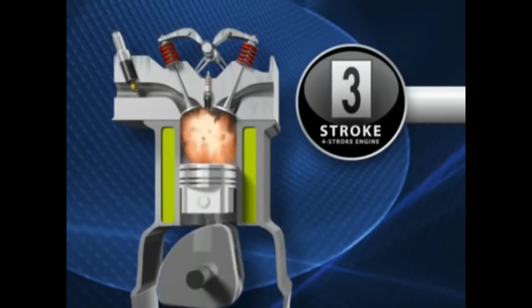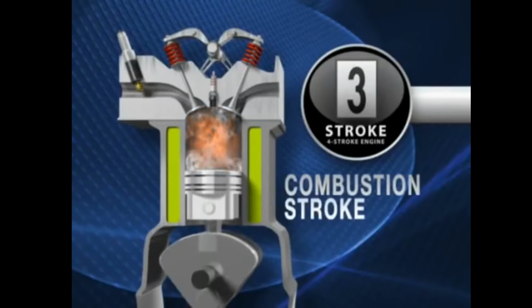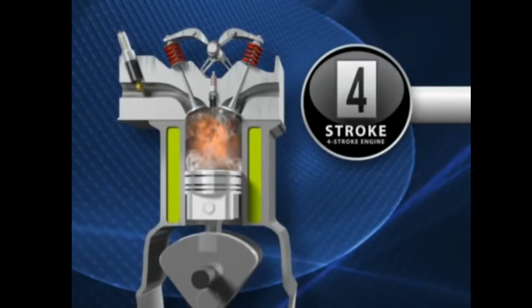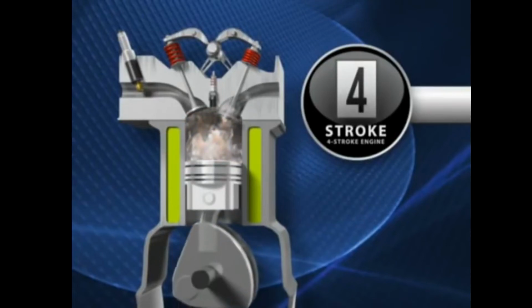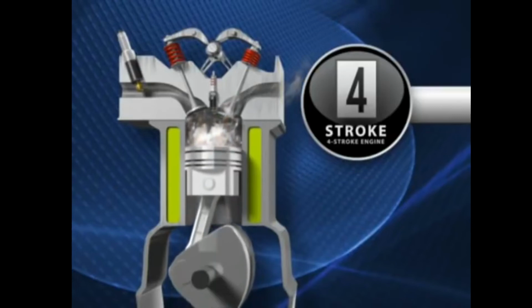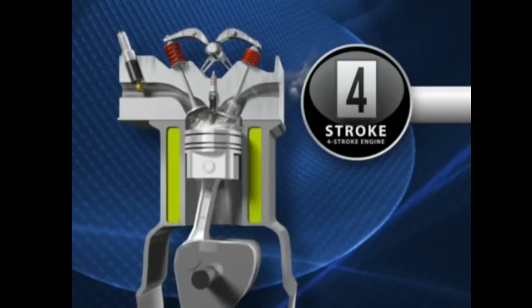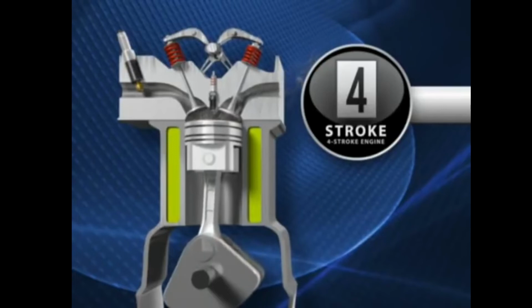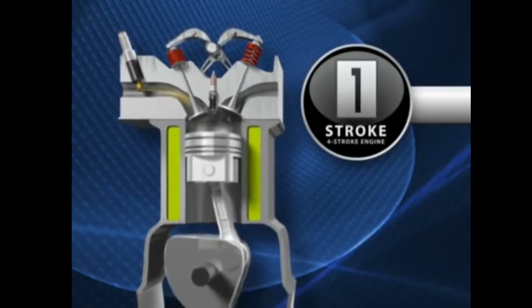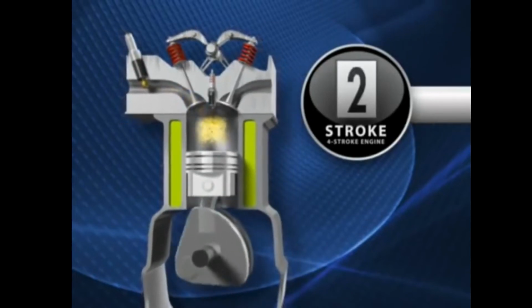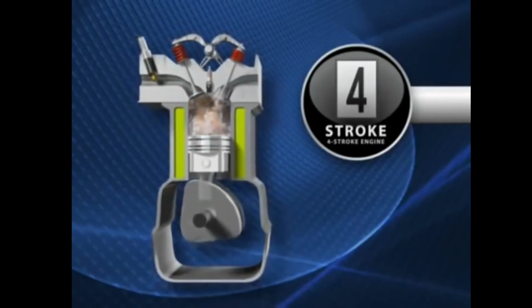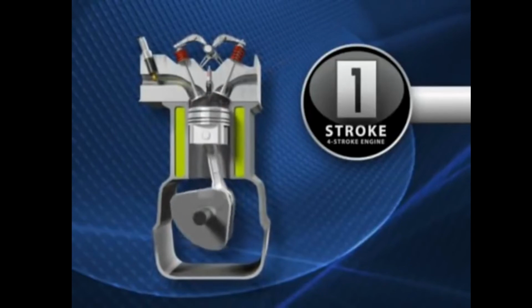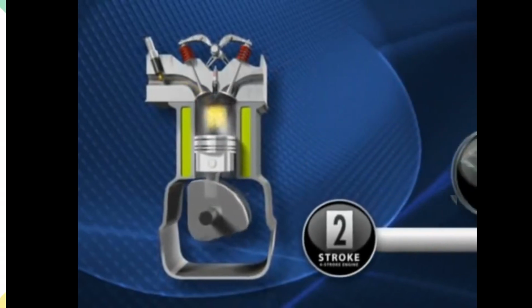At this point, the spark plug fires, sending the piston downward from the expansion. The fourth stroke is called the exhaust stroke. As the piston travels upward, the exhaust valve opens to release the burnt air-fuel mixture. When the piston reaches the top of this stroke, the intake valve opens and the cycle begins all over again.